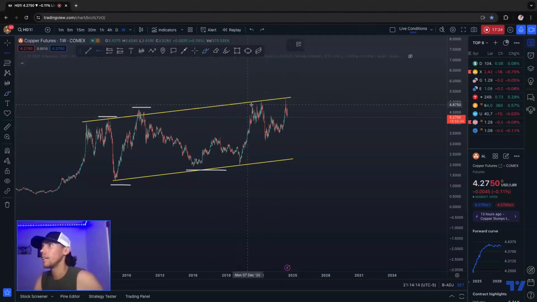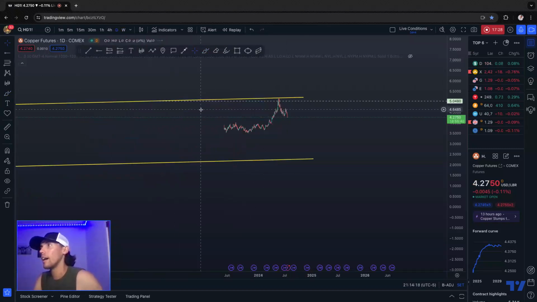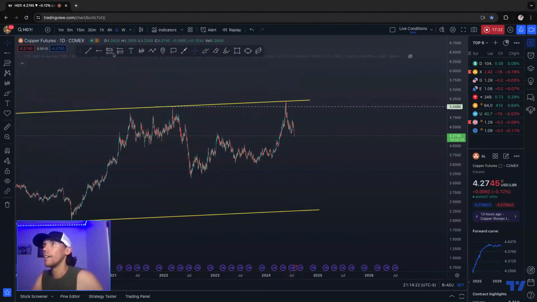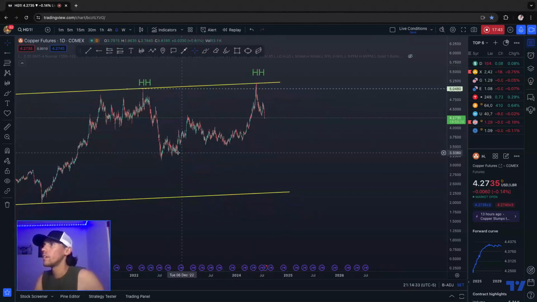This one to be exact, and this is the weekly time frame. So we broke that high. So that's another higher high. So let's go ahead, let's label this. That was our last one. We're going to drag this down here.